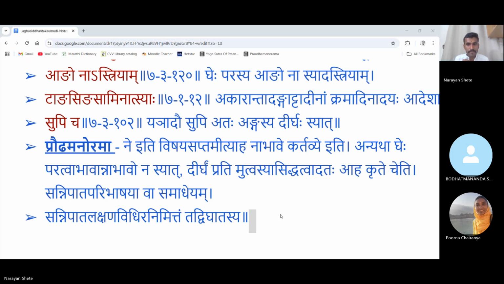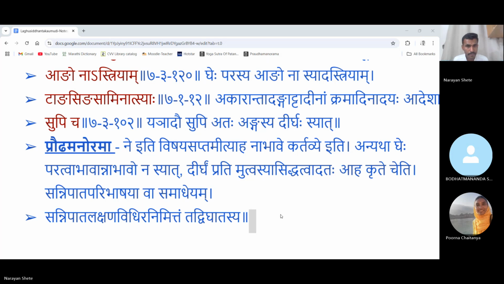Yes, Swamiji. This is not part of any sutra. It is a paribhasha. From time to time it is taken by Kaumudikara to explain the sutras.